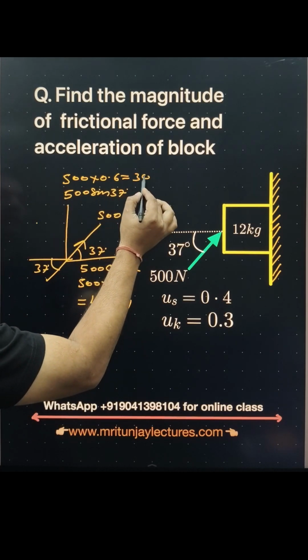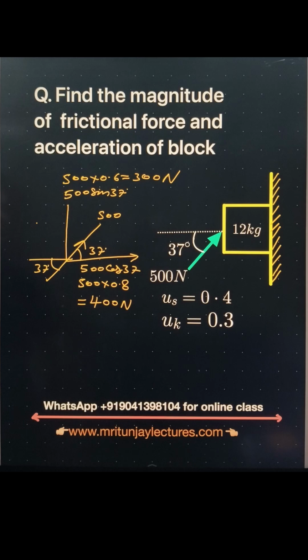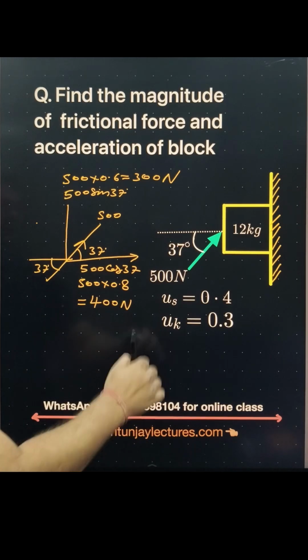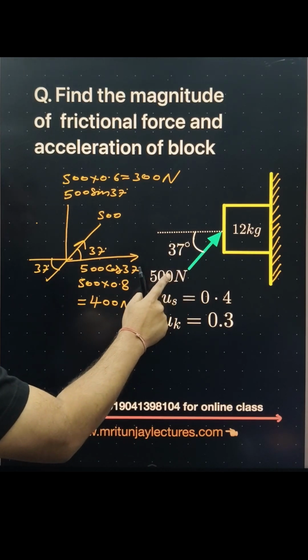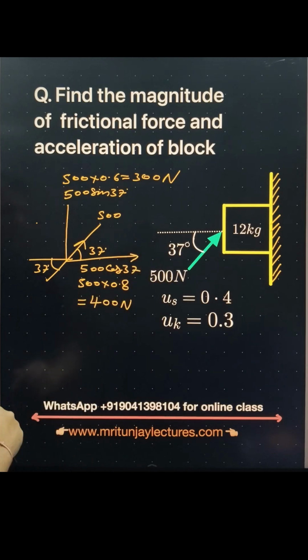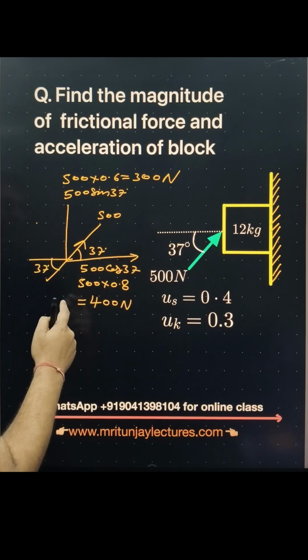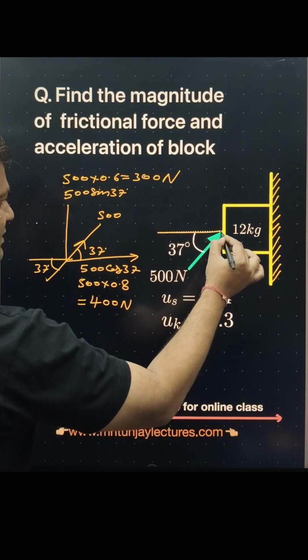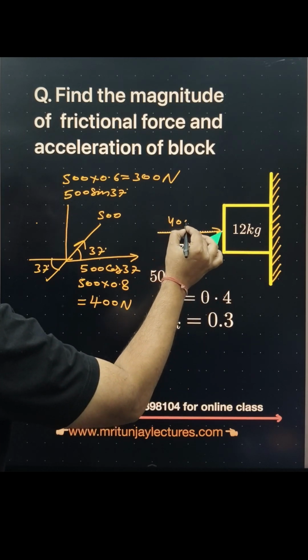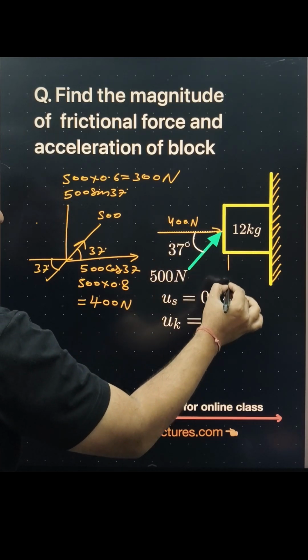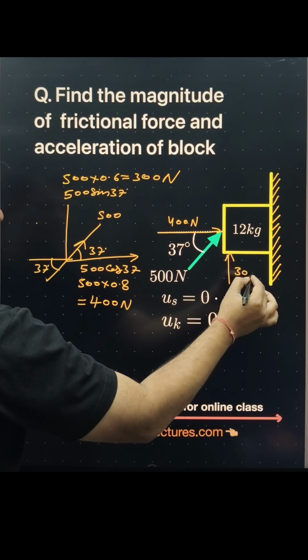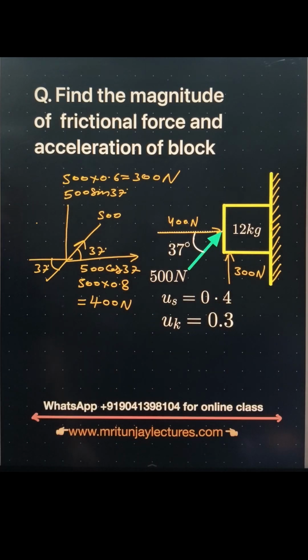That is 300 Newton. Clear or not? So basically, the 500 Newton is resolved into two components: in the x direction it is 400, and in the y direction, upward, it is 300. Clear or not?